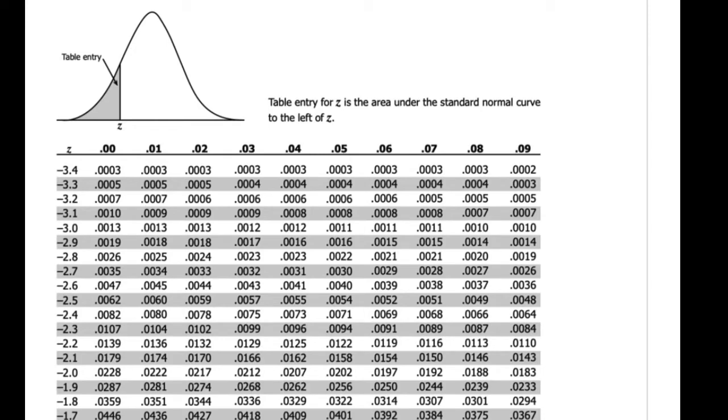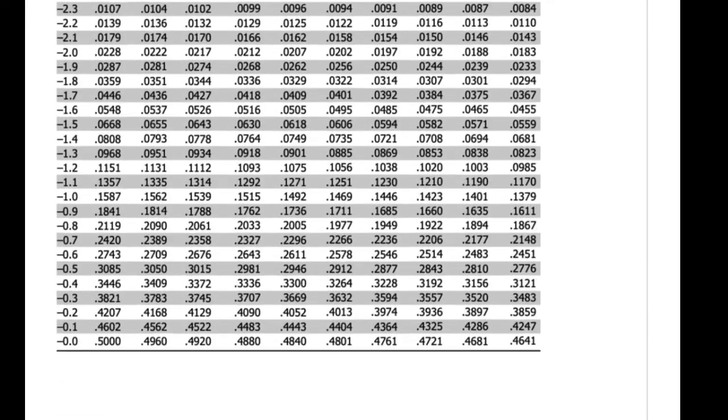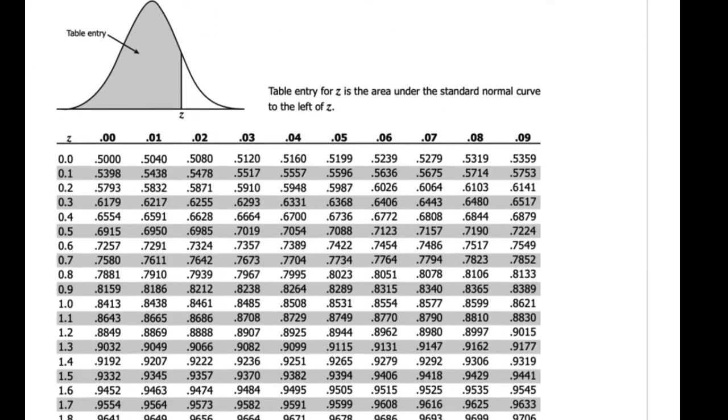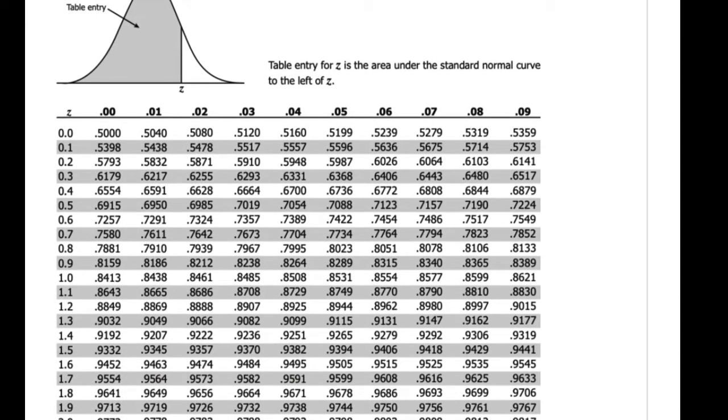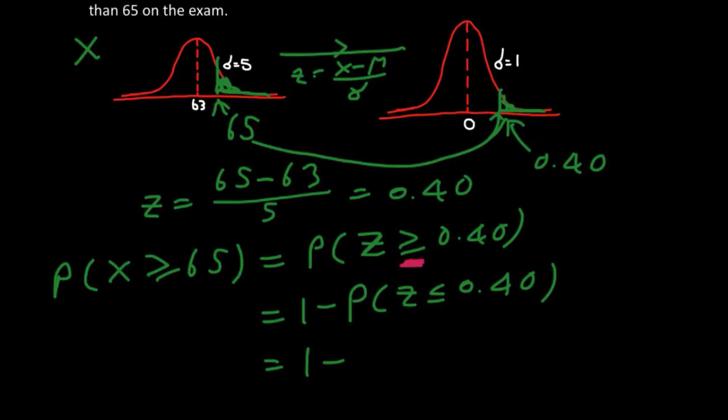This is the z table. We need 0.40. 0.4 here, 0.40 should be this, 0.6554. So 0.6554.